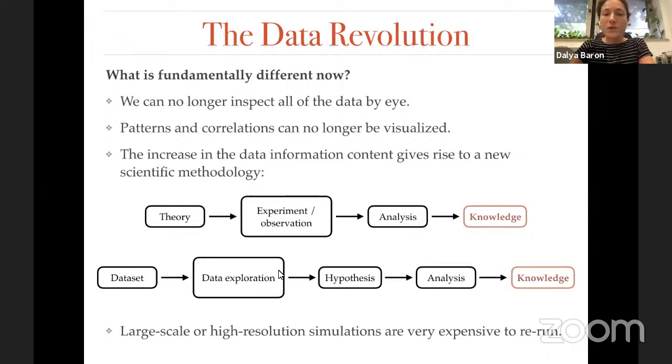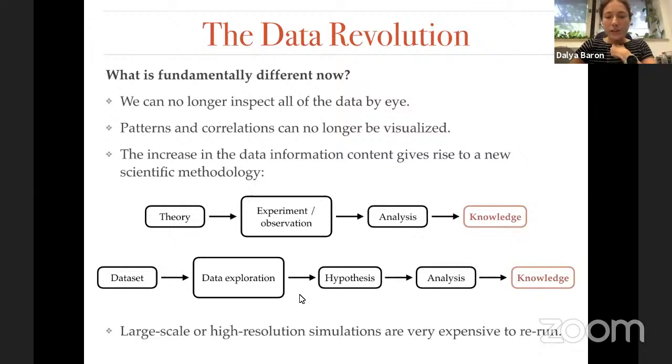We perform some sort of data exploration, and this data exploration informs us about a hypothesis. So we do not start with a scientific question, but rather we let the data tell us where we should look and what we should do. Once we form this hypothesis, we perform an analysis, and again, we extract knowledge.